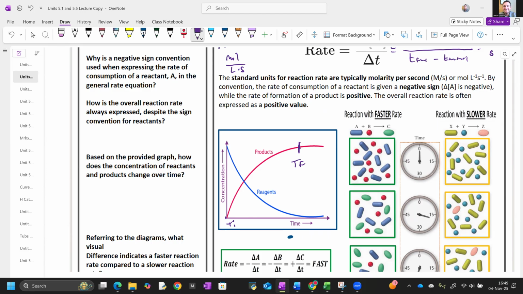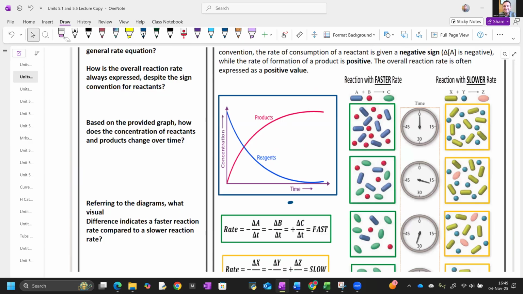And so that would end up with a positive change. For that reason, the products end up having a positive change in concentration over time. However, it is important to note that the overall reaction rate is expressed as a positive value. And we're going to see that as we write our rate expressions as well.